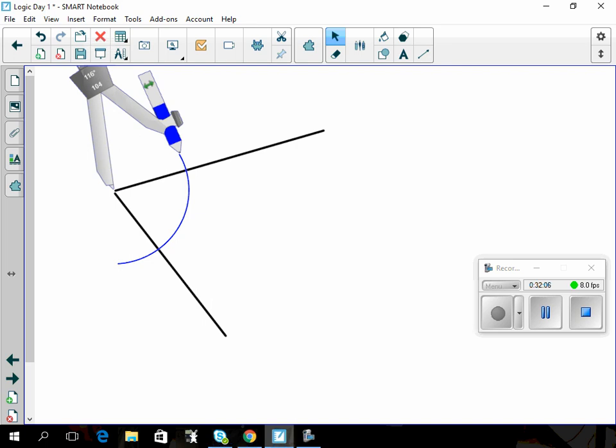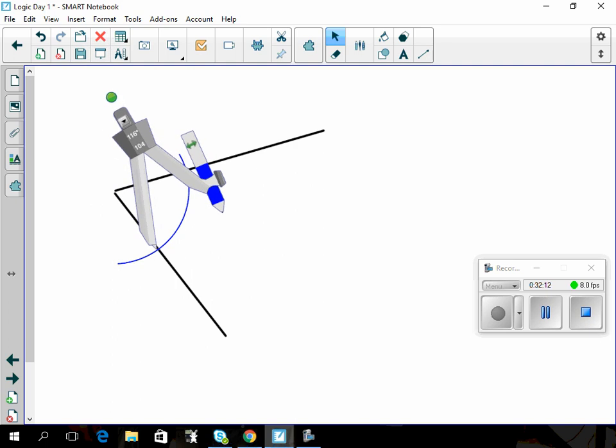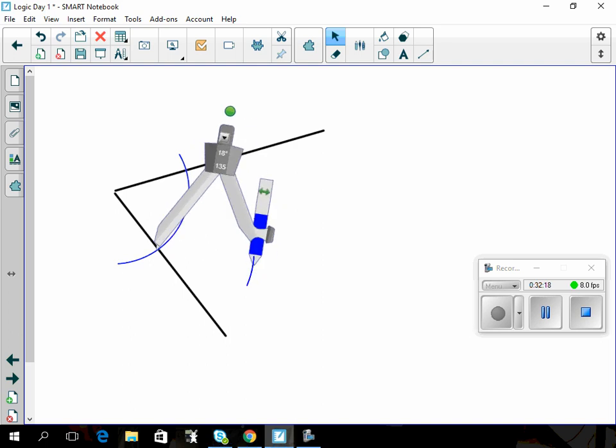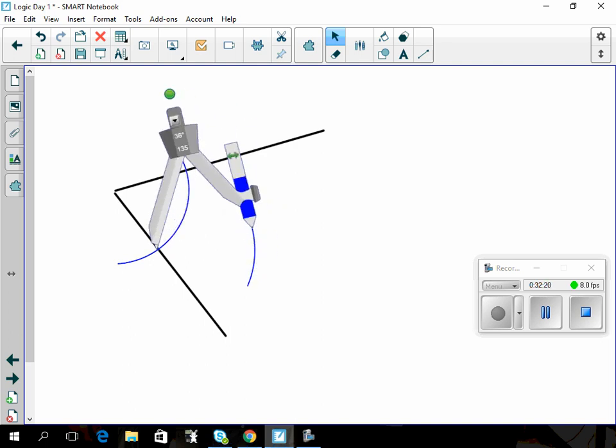All right, so once you've done this, you've now created 2 new points. You're going to move your compass to those 2 new points. I tend to open it up just a little bit more, and you're going to make basically a little X out in the middle of the circle.